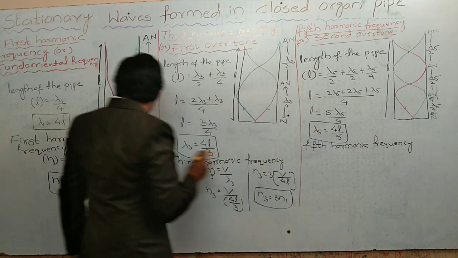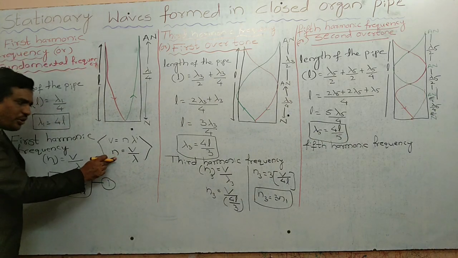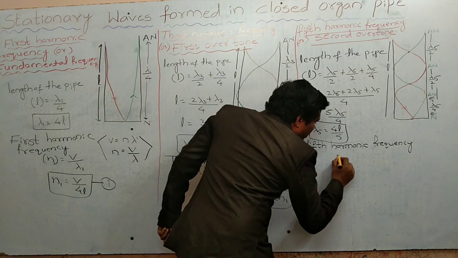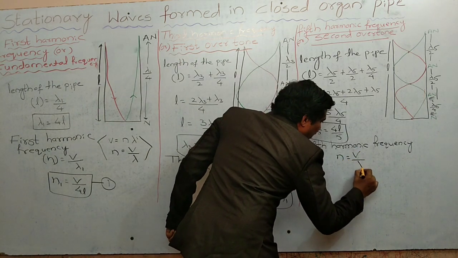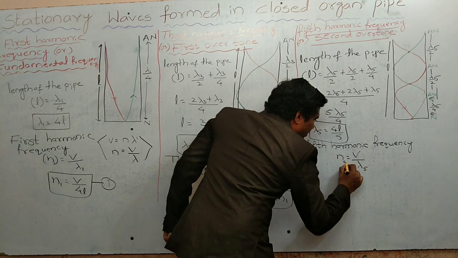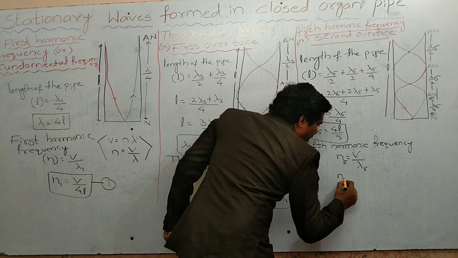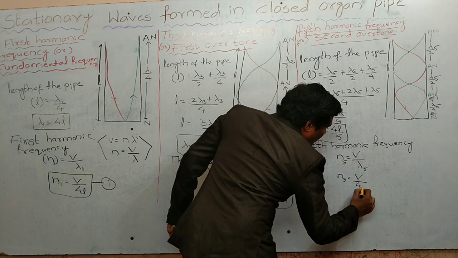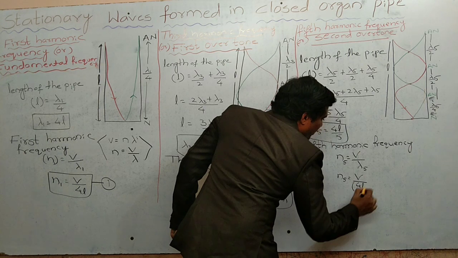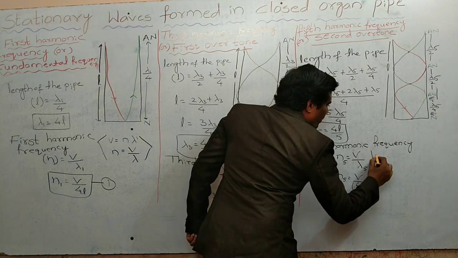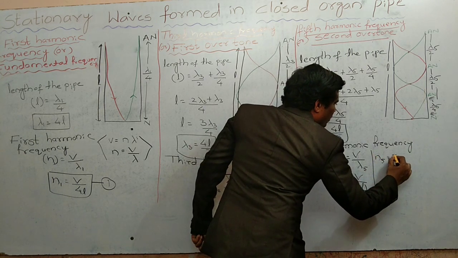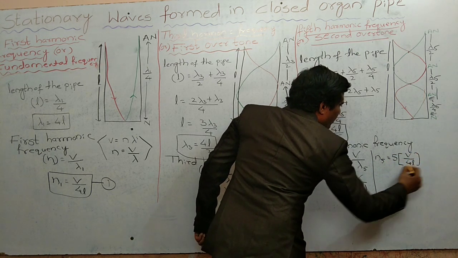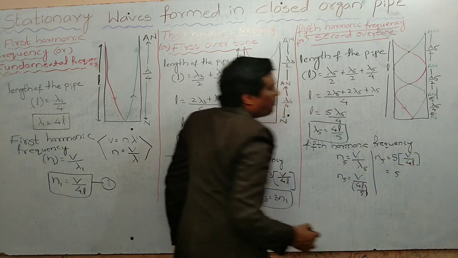The frequency formula: frequency N or nu equals V by lambda. For the fifth harmonic, suffix 5, N5 equals V by lambda 5 value. It is 4L by 5. So N5 equals 5 into V by 4L.